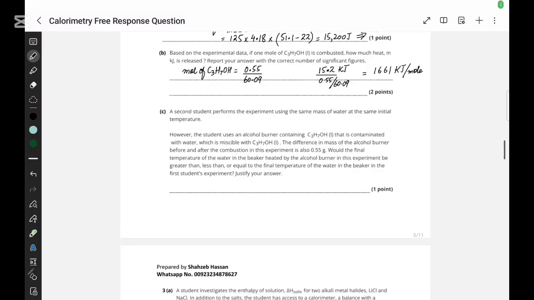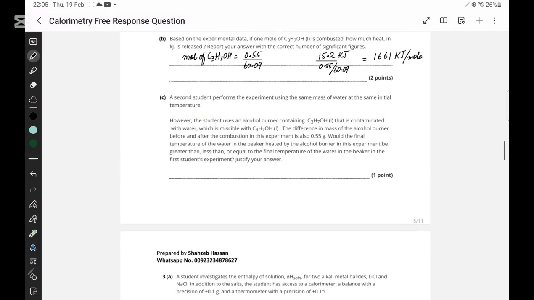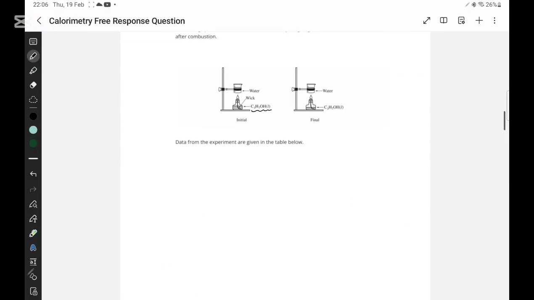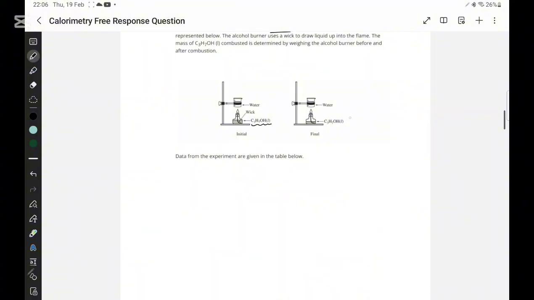In the second part, a student performs the experiment using the same mass of water at the same initial temperature. However, this time the student uses an alcohol burner containing C3H7OH that is contaminated with water, meaning water has been added into it.